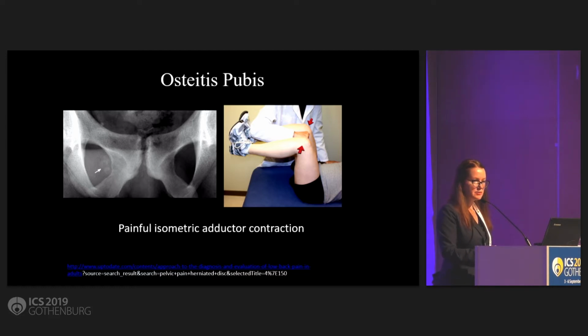This is another diagnosis I've seen probably 5 times in my career. This is typically seen in young female athletes, and the idea is that there's irritation of the ligamental tissues along the pubic symphysis, and they can even end up with osteomyelitis, presumably due to hematogenous spread of bacteria to the inflamed tissue.